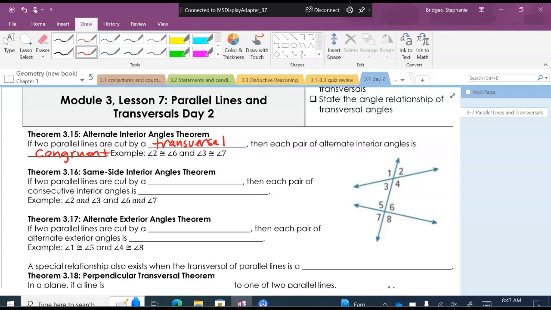Okay? Then the next theorem says, again, if two parallel lines are cut by a transversal, then each pair of same side interior angles is supplementary.